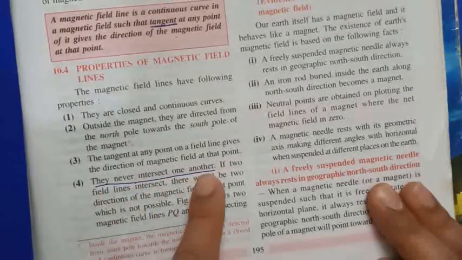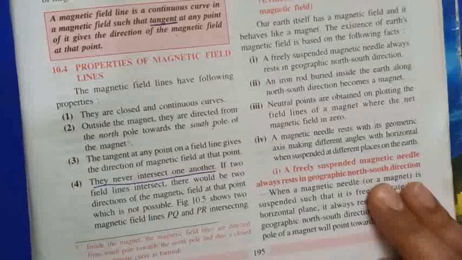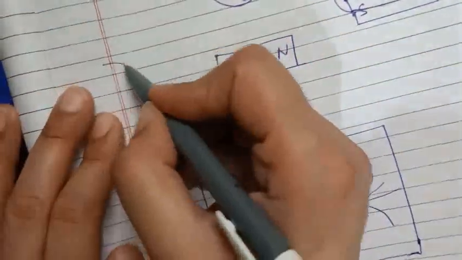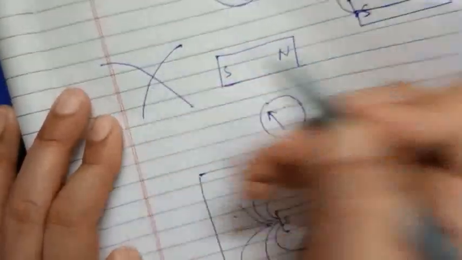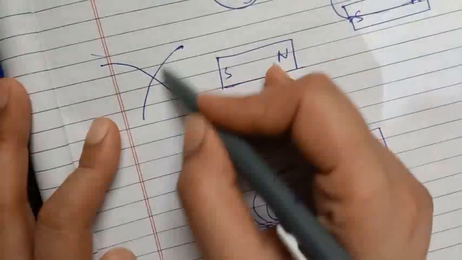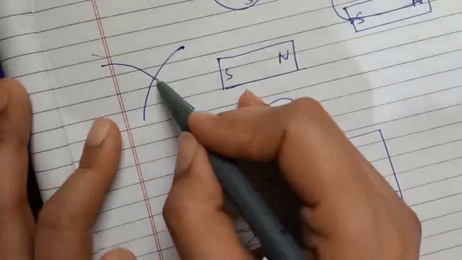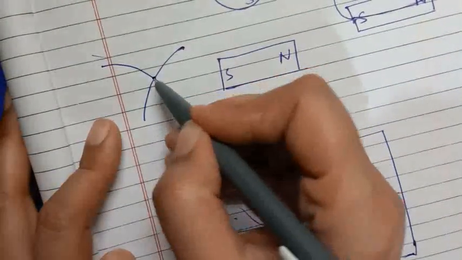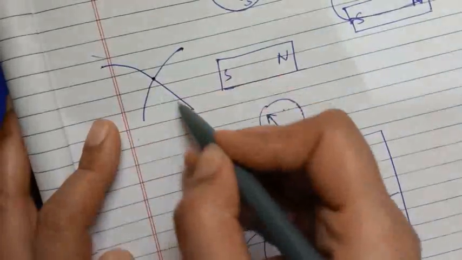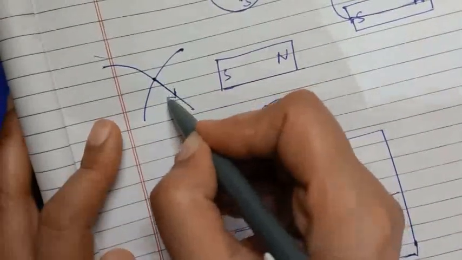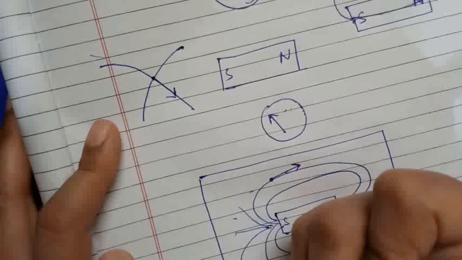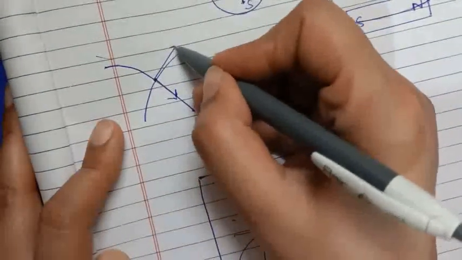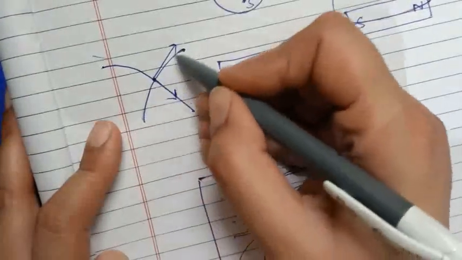Why they cannot intersect? They cannot intersect because if they intersect, suppose these are the two magnetic field lines which are intersecting. These are the two curves, two magnetic field lines intersecting at this point. At this point, if we take this curve, the direction of the magnetic field is this way, tangent to the curve, and the direction according to this curve will be this way.